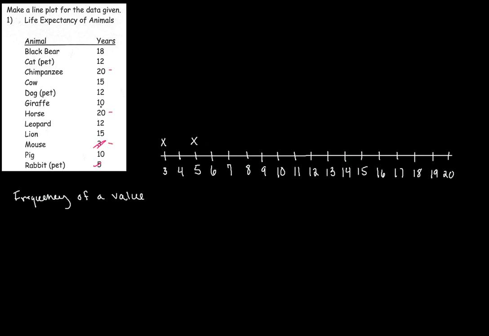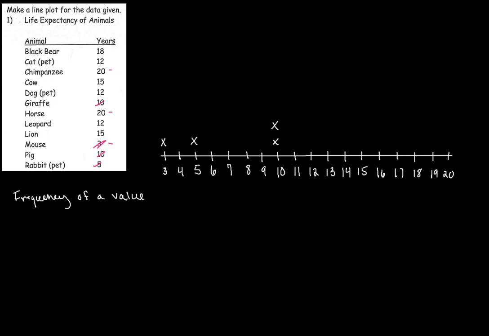The next number we have would be a 10. There are 2 10s here. I'm going to put an x above the 10 twice, 1 and 2, to show that there are 2 animals, 2 x's, that have a life expectancy of 10 years.